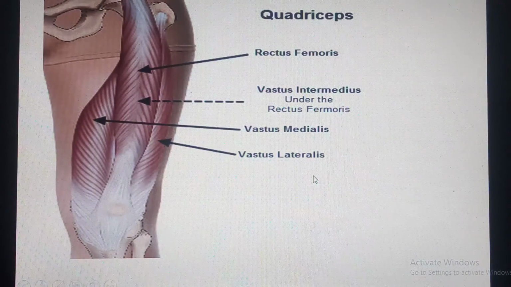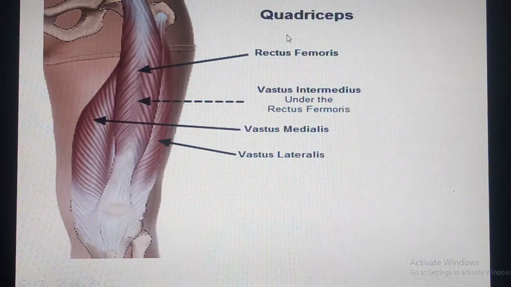All right, now the next muscle that we have is actually a tuft of muscle. It consists of 4 muscles put together as one, and that muscle is known as quadriceps femoris. Now we saw quadratus femoris in the gluteal region, one of the deep muscles there, but this one is quadriceps femoris.